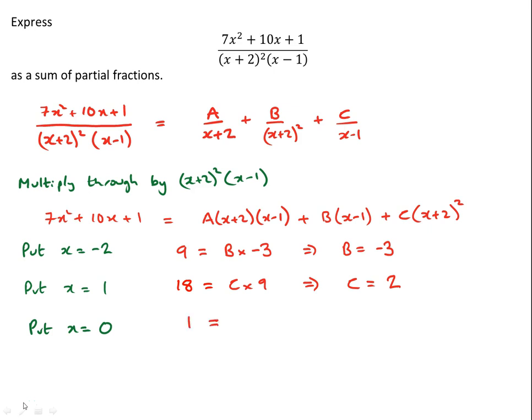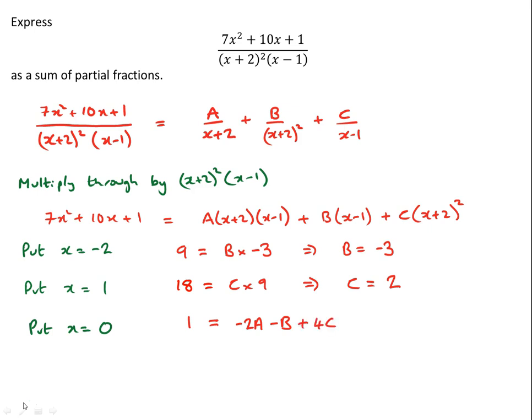The right hand side, I've got a times 2 times minus 1, so that's minus 2a. Then I've also got b times minus 1, which is minus b, and I've got c times 2 squared, which is plus 4c.